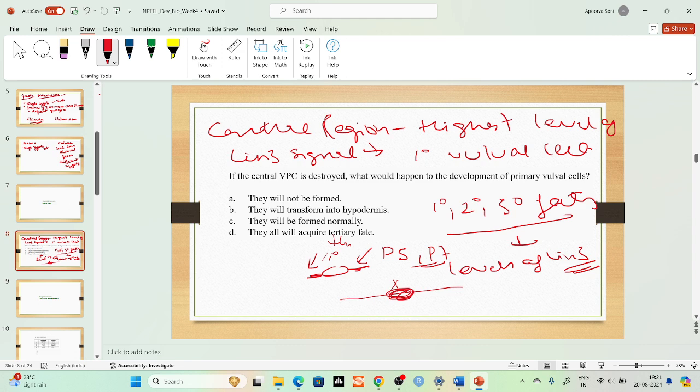Other vulval precursor cells might compensate and adopt the primary fate. So this option is not correct, that they will transform into hypodermis. If the central vulval precursor cell is destroyed, the fate of the primary vulval cells might be adopted by another VPC rather than being transformed directly into hypodermis. So this is also incorrect.